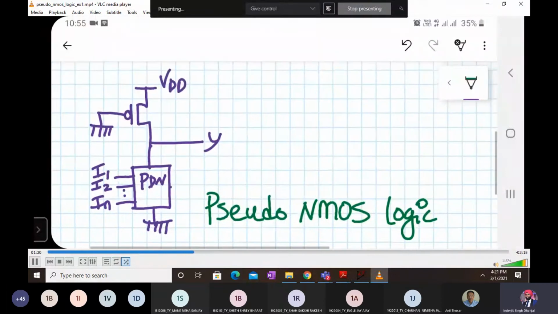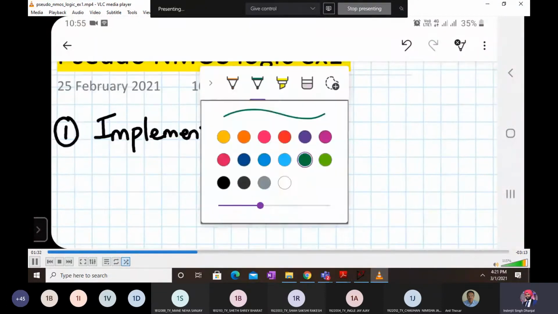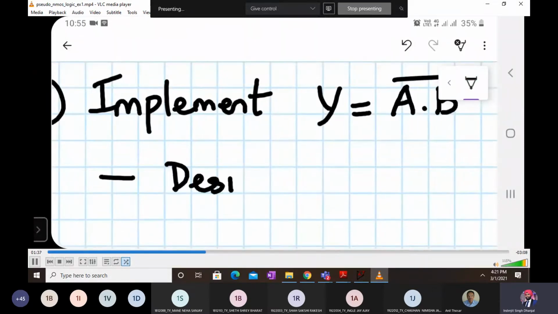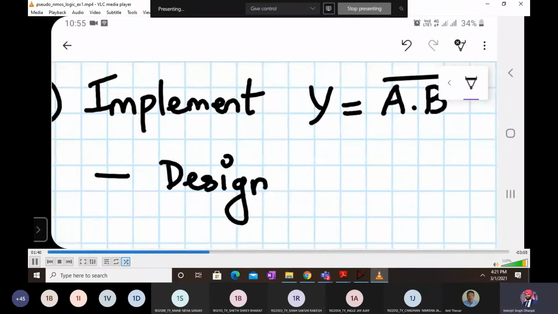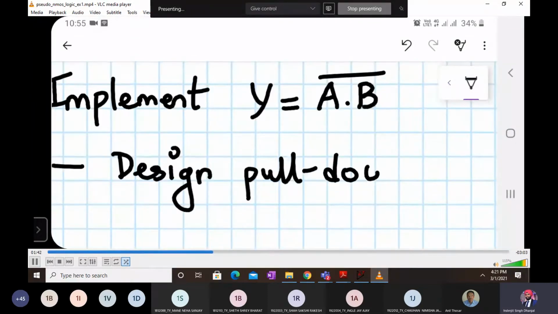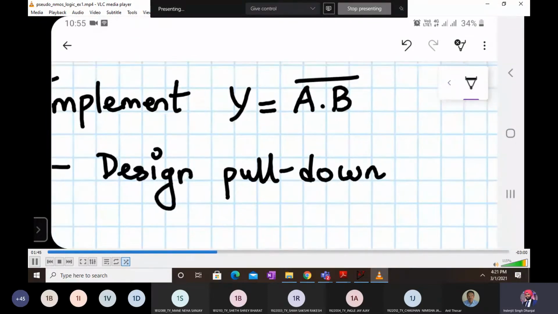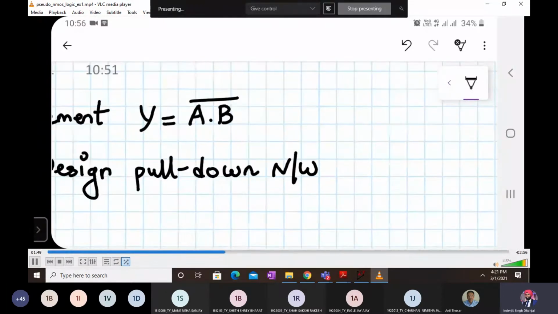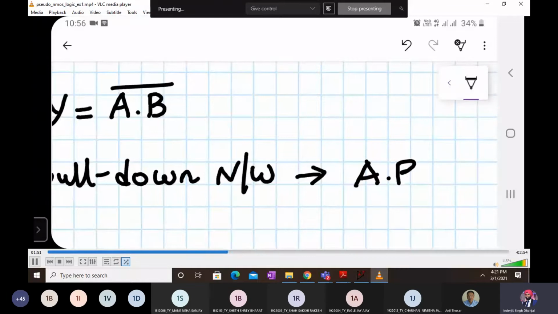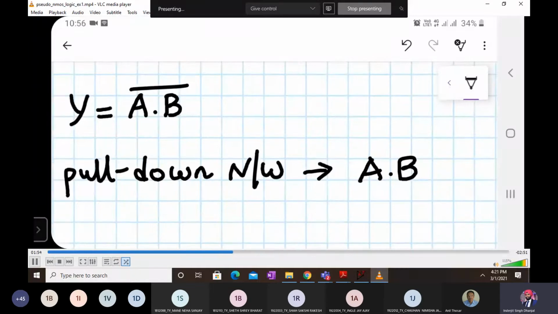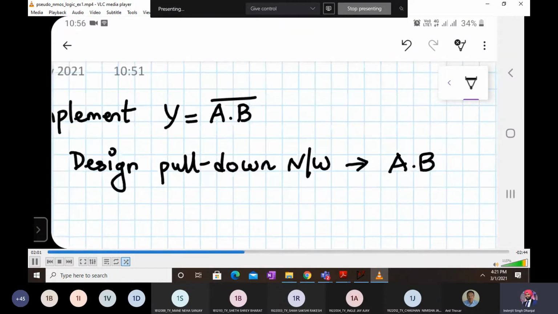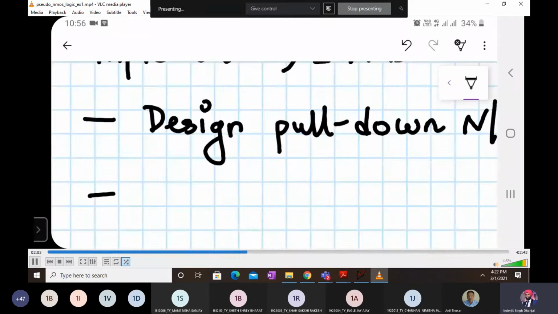So if you want to implement y is equal to a dot b the whole bar, we will always start with, first of all, we will design the pull down network. So we will implement it using the equation a dot b. So we'll design the pull down network with two NMOS transistors in series with the inputs A and B. And next, we build up on the pull up network.